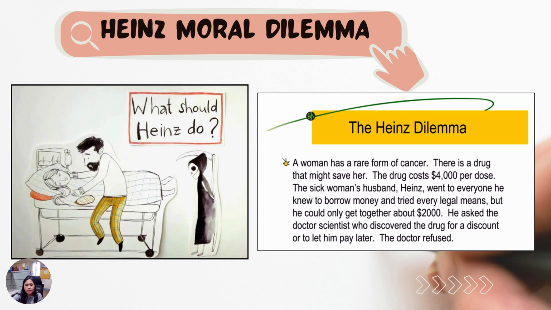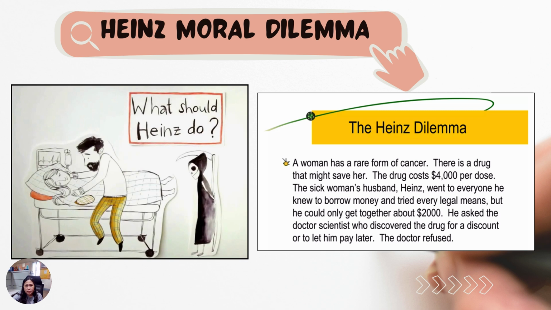However, the pharmacist sells it at a very high price, 10 times what it costs to make. So Heinz cannot afford it, and he considers stealing the medicine to save his wife. So the moral question is, should Heinz steal the drug or respect the law and let his wife die?